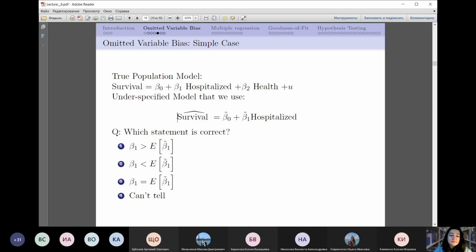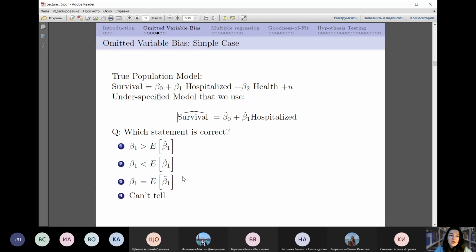So our estimated model is this one, where you obtain beta 0, your intercept, and beta 1, the coefficient on hospitalization cases. So the question is, which statement is correct? The first one, the second one, the third one, or the last one?